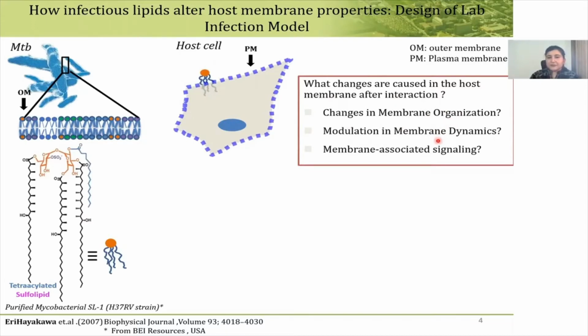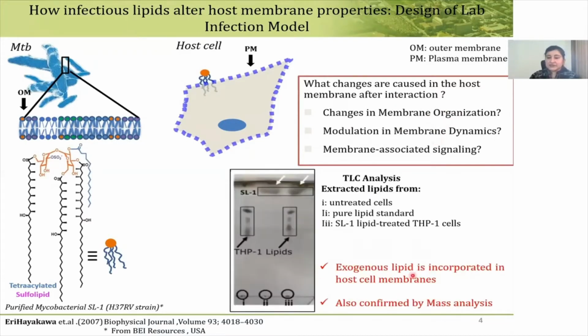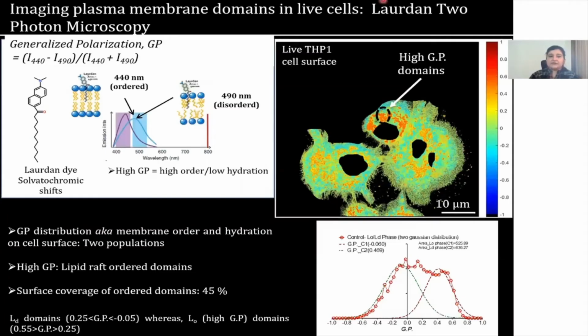First, we were able to confirm that these exogenously added lipids are indeed incorporated in the target cell membranes by use of TLC as well as mass spectrometry, wherein we were able to detect signature signals of these lipids compared to the purified control in the treated host cell membranes.